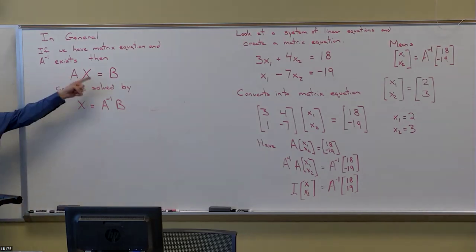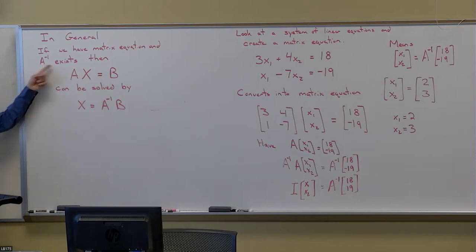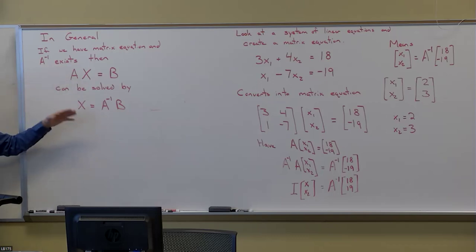Multiply A inverse on both sides, and you get that. Obviously, this works only when A inverse exists. If A inverse doesn't exist and you try to do this, it'll say error singular matrix.